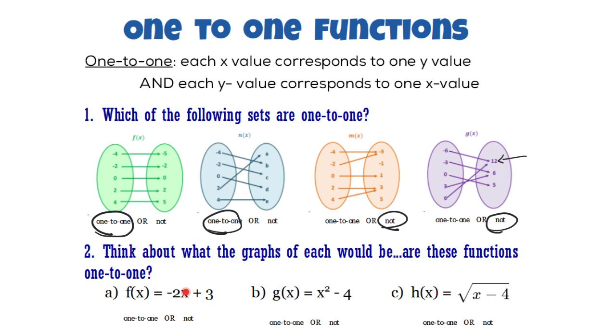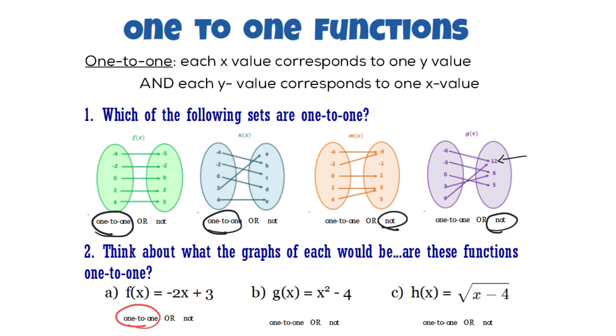And no, you're just going to plug this in and whatever you get back is what you get back. But it also has to work the other direction. If you had a value over here, is there more than one way to get to that value? And looking at this, it's just linear. There's nothing fancy going on here. This would be considered one-to-one.